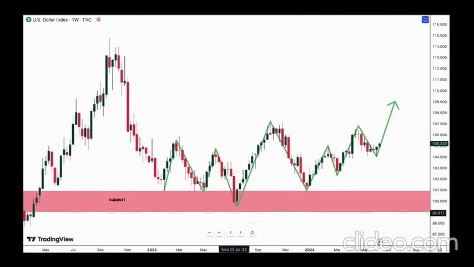If you want to see the big picture, guys, this will be just a single move.